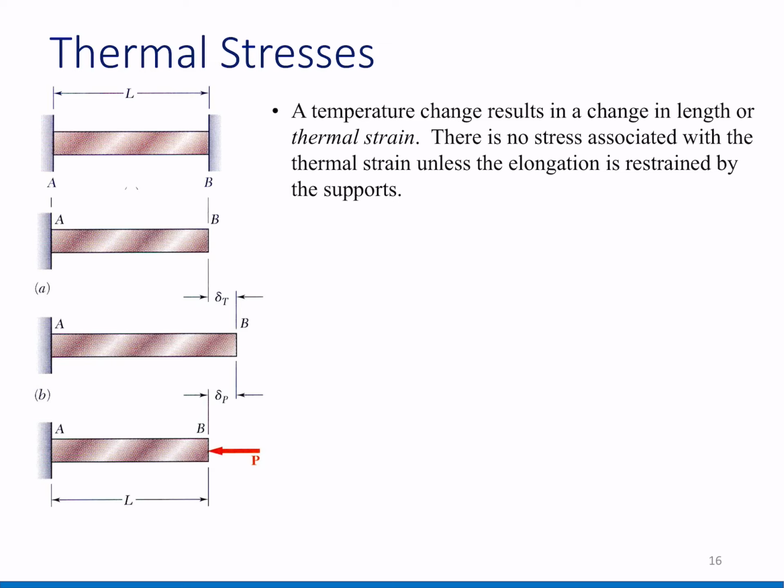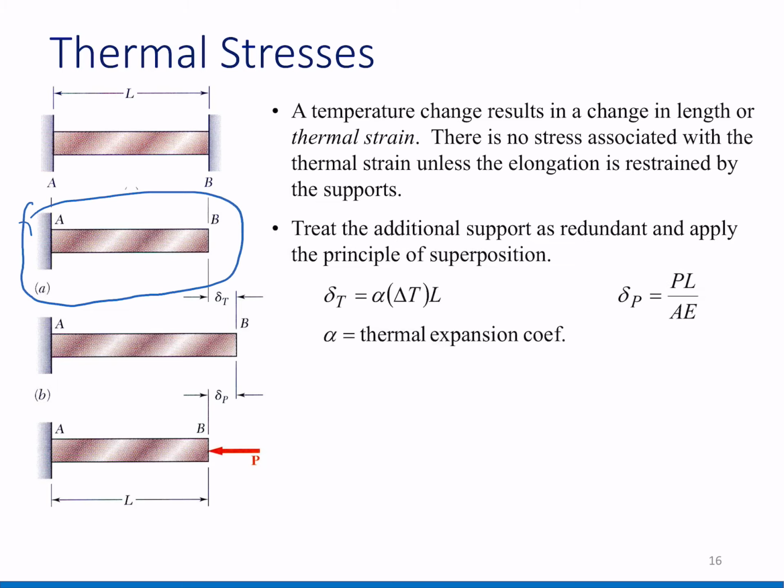So, for example, in this case, picture A here, you didn't fix the end support. When the temperature changes and is governed by these equations, when there is a temperature change delta T, multiplied by the length and the thermal expansion coefficient, you will get these deformations.